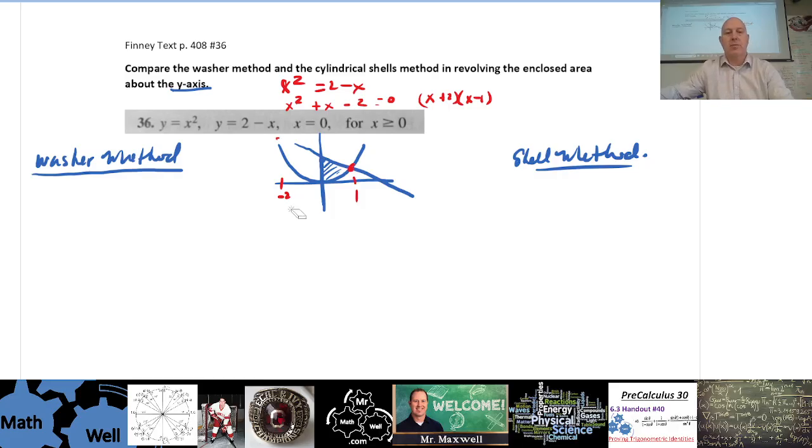That's going to help us. All right, so the washer method, remember we have V equals pi r squared, right? So the integral, and we have our r squared, okay?